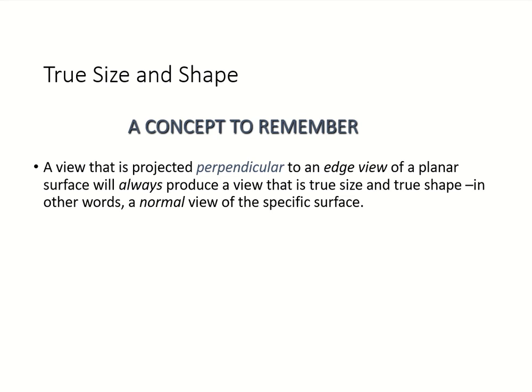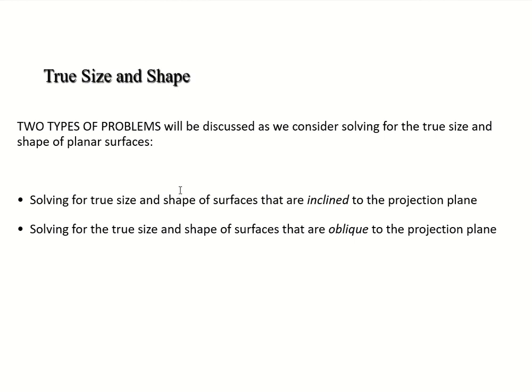So let's go to the next slide on true size and shape. When we deal with the problem, we're going to have two: one is inclined surfaces, and the other one is oblique surfaces, to the projection plane. And again, that's true size and true shape of it. All the formal terms are going to confuse you.